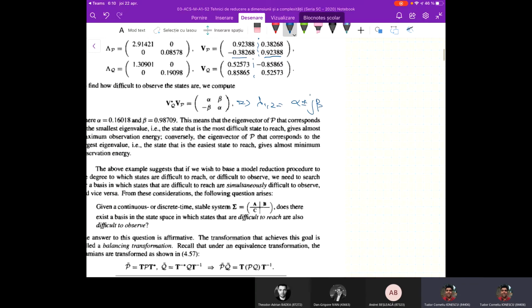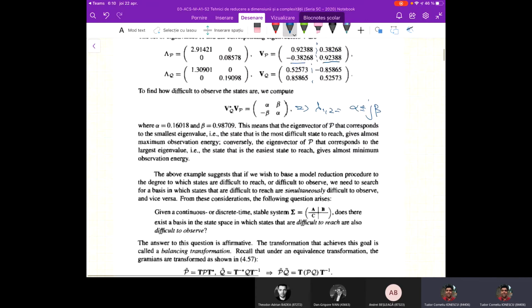This is a rotation matrix written in this form, where you have the real part of the eigenvalues on the main diagonal and the imaginary part on the skew diagonal. So this means that the eigenvector of P that corresponds to the smallest eigenvalue, the most difficult state to reach, gives the almost maximum observation energy.